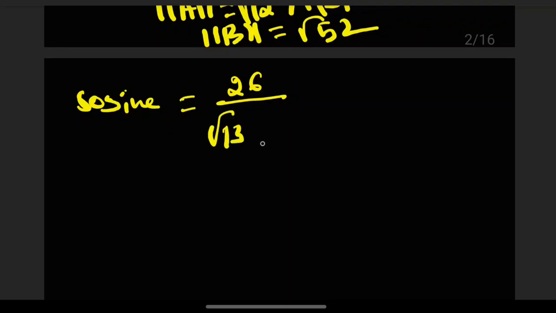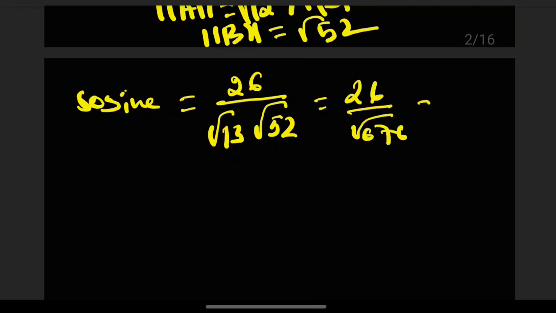Now cosine similarity is the dot product 26 divided by root 13, the magnitude of A, and root 52, the magnitude of B. You end up getting 26 by 26, since 676 is the perfect square of 26, and the result is 1.